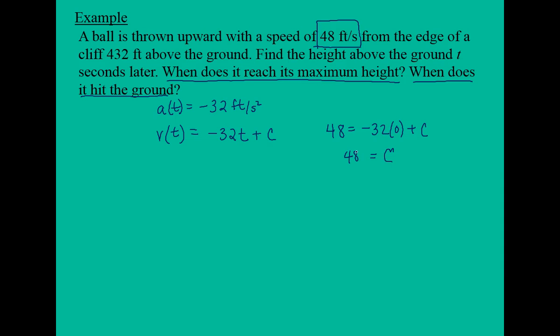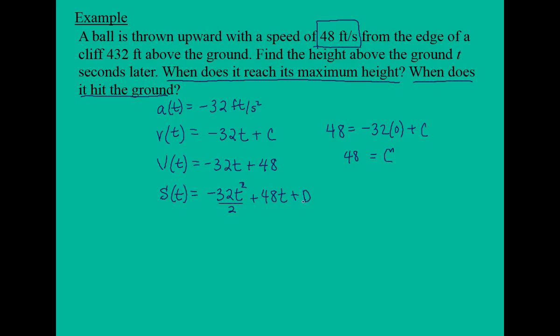So our velocity function is negative 32t plus 48. To find the position function, we take the antiderivative of our velocity function. So we'd have negative 32t squared divided by 2 plus 48t plus d.